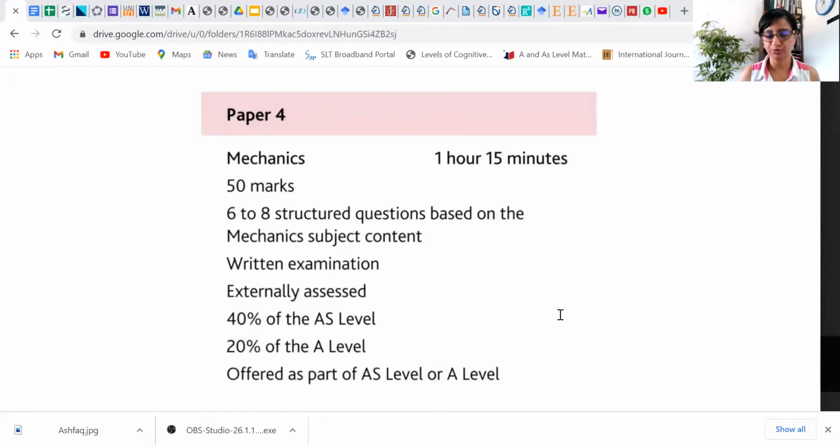You know this already. So it's a short paper that has about 6 to 8 structured questions. And 40% of that will go towards AS, but you would be taking it at the end as A level. So 20% of this paper would go towards your final grade for your mathematics subject.